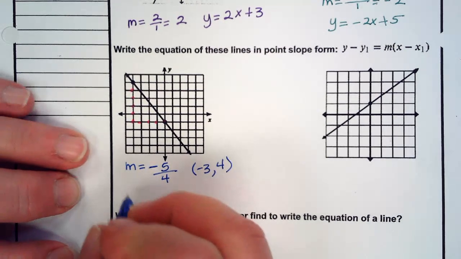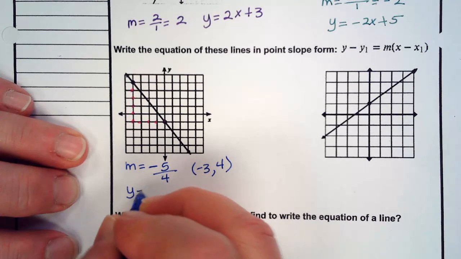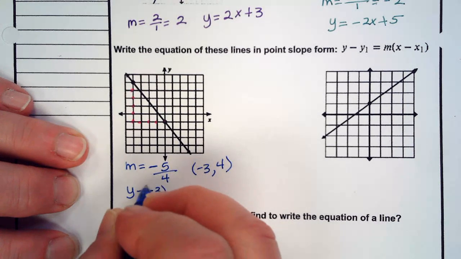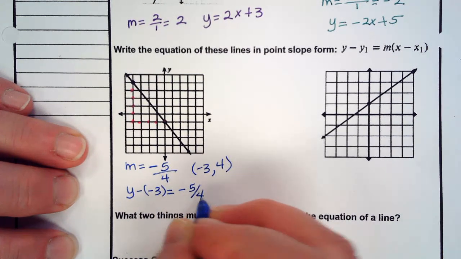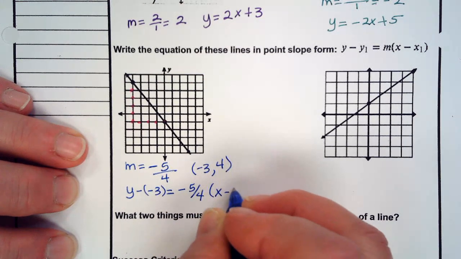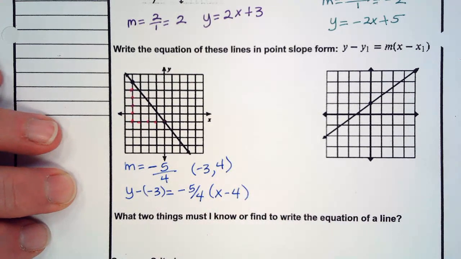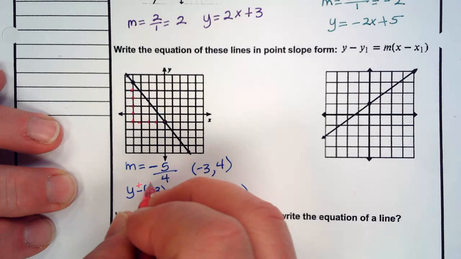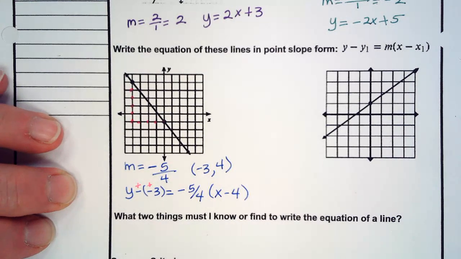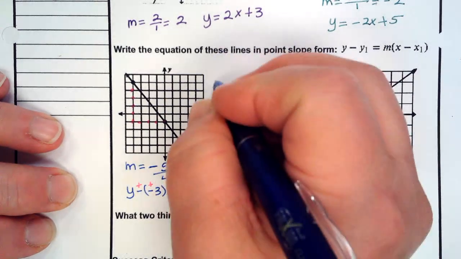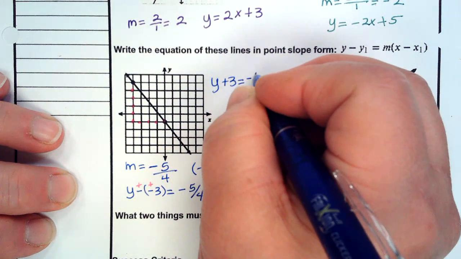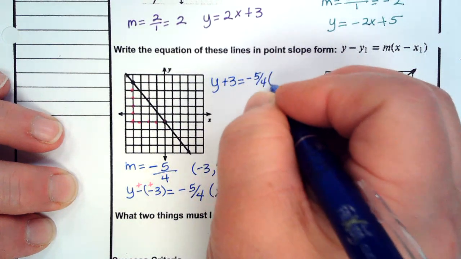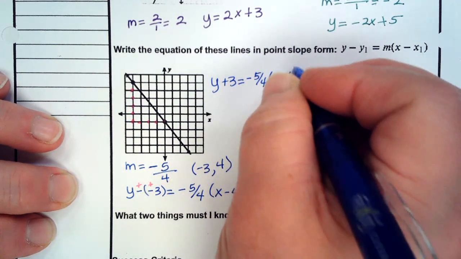So y minus negative 3 is equal to negative 5 over 4 times x minus 4. Am I done? Almost. Plus the positive here. And this equation is y plus 3 is equal to negative 5 over 4 times x minus 4.